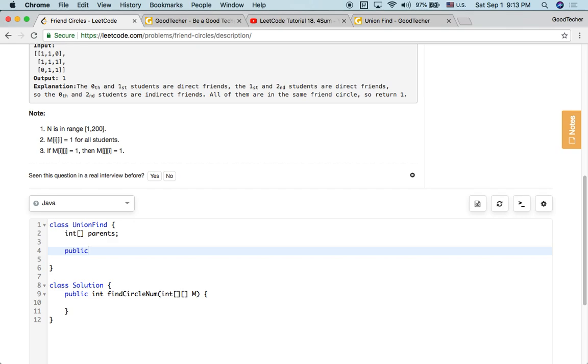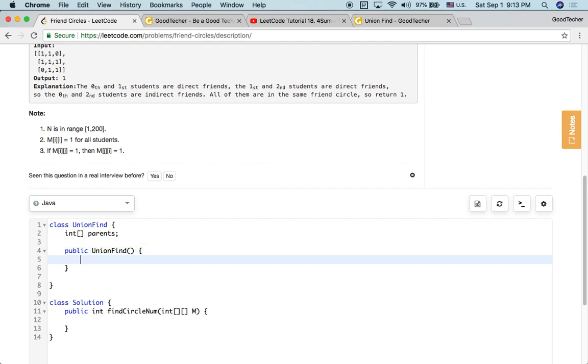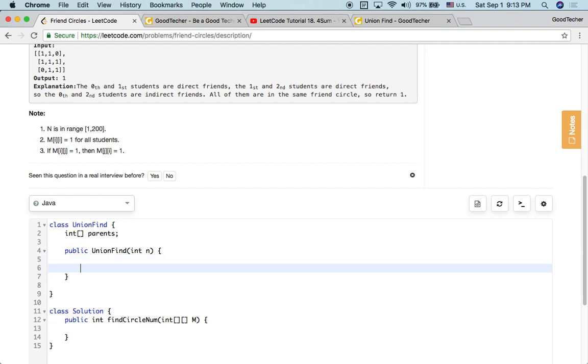And here we can have a constructor for UnionFind that takes the input of a number. This number would indicate the size of this array, so it would be new int n, and the length of this array would be n.